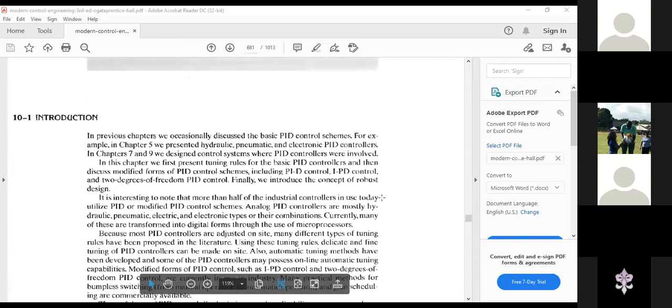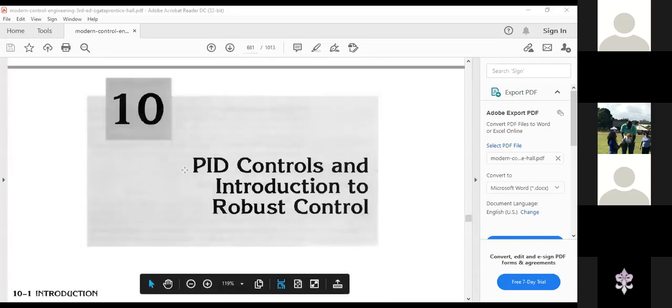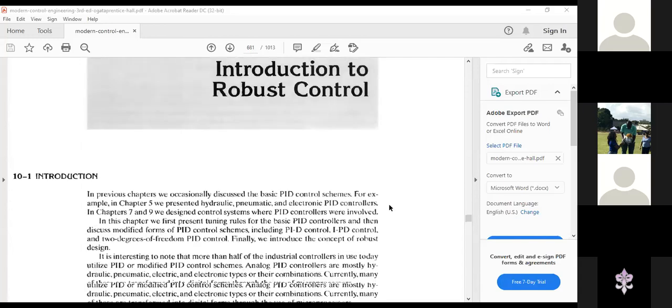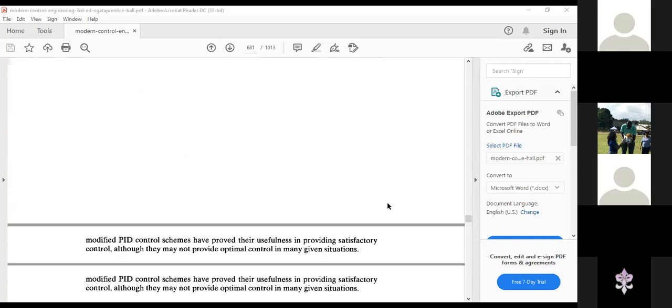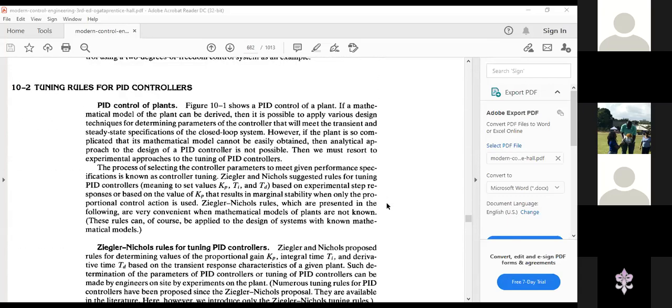So let me just deal with the chapter. Chapter 10 in the Ogata is on PID controllers.